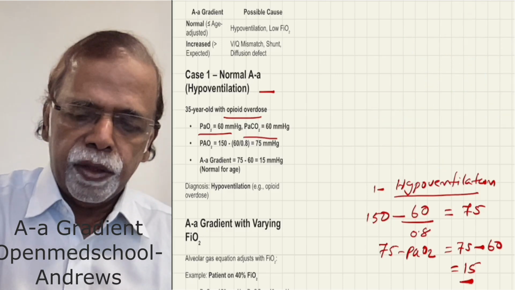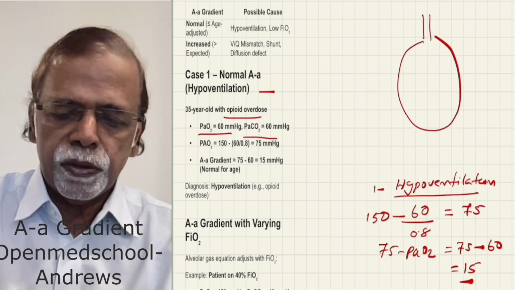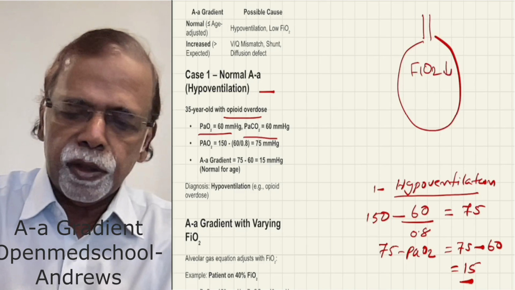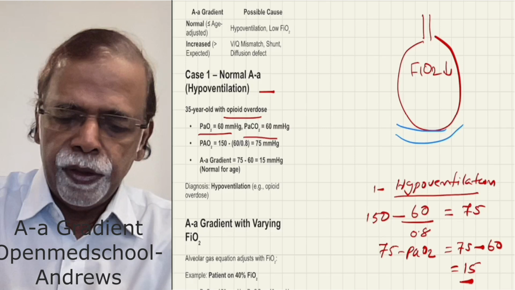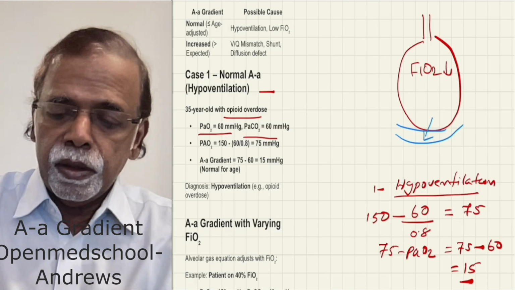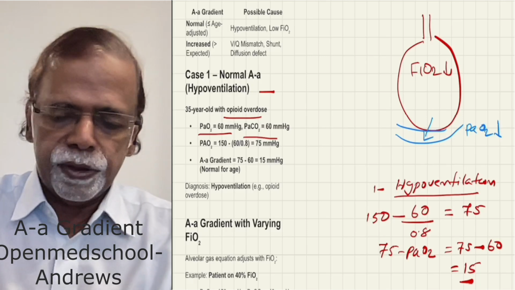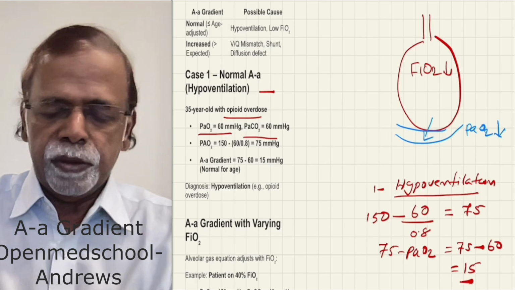So this is the alveoli. Suppose the inspired oxygen concentration, FiO₂, is decreased. Naturally, the diffusion of oxygen to the artery, that is PaO₂, will definitely be decreased, so I can develop hypoxemia.